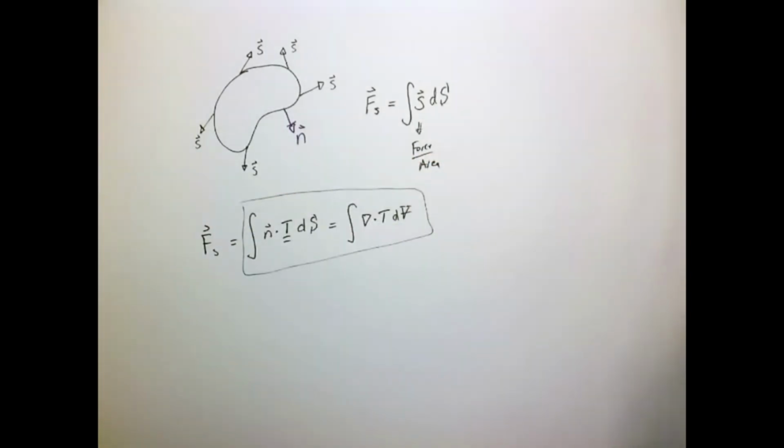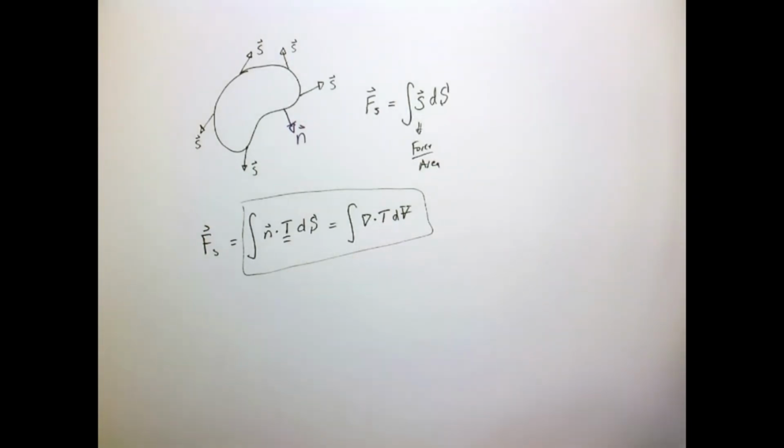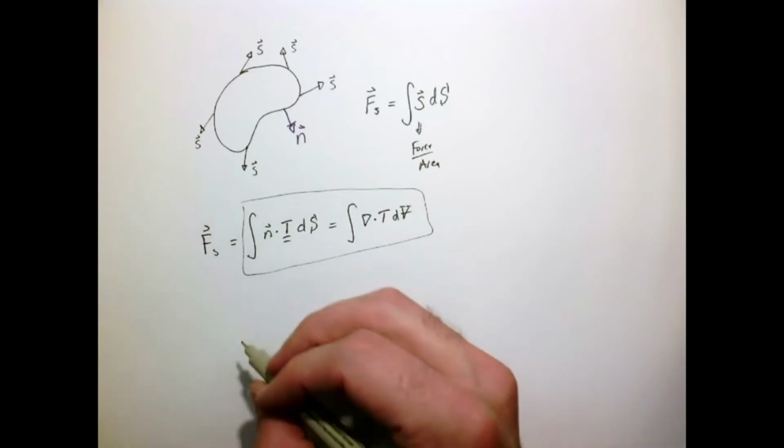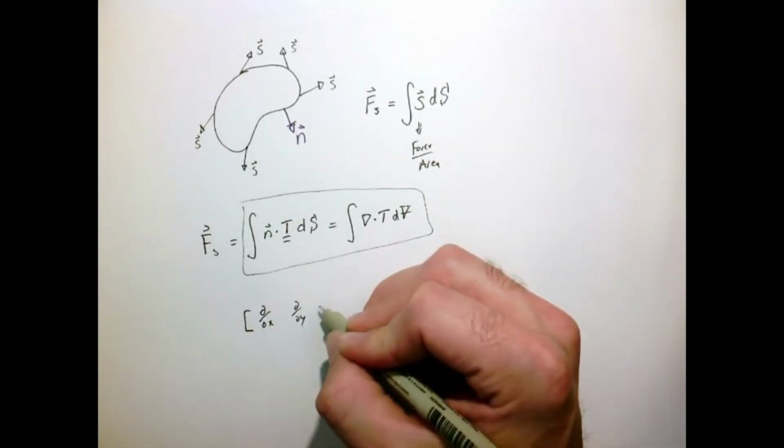And if we want to know how to calculate the divergence of the stress tensor, well, if we remember the gradient operator, the del operator, if we just write it out as a vector, we can do exactly the same thing as when we looked at dotting a tensor with a normal vector.